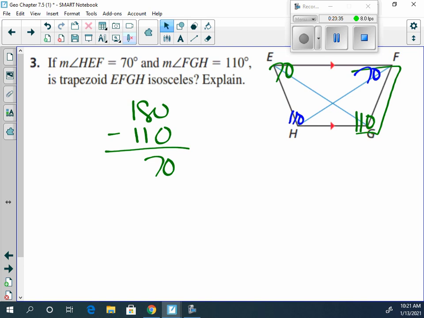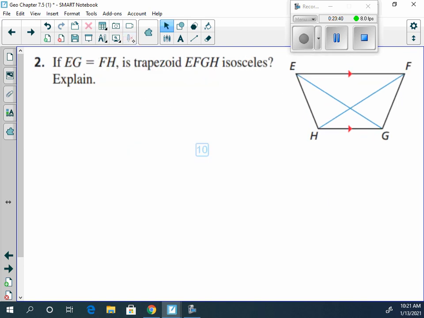Any other questions on this here? Okay. If EG is equal to FH, is the trapezoid isosceles? Is it isosceles? So I'd look back at our theorem sheet, because it's on the first page.